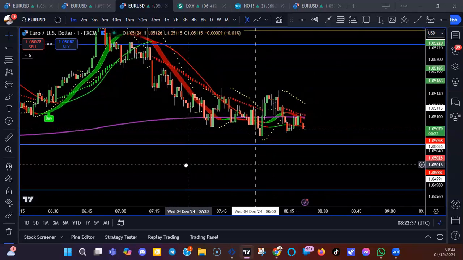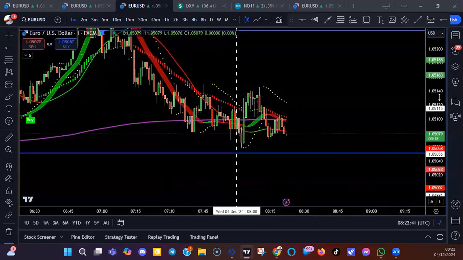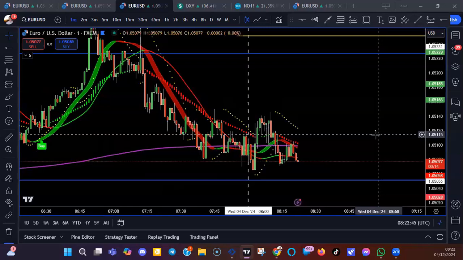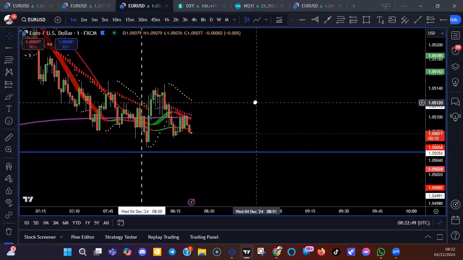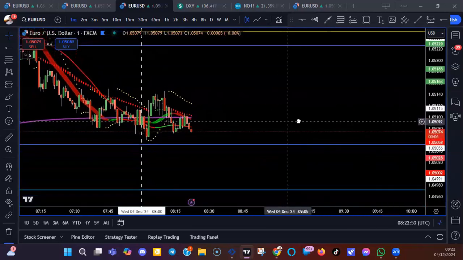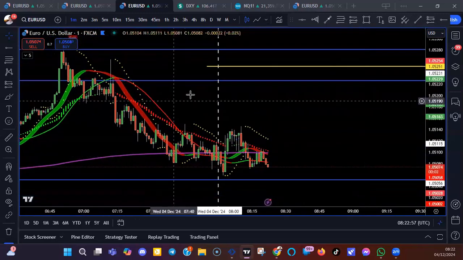So therefore, it will affect all the others. But right now we are sort of not doing much at all.